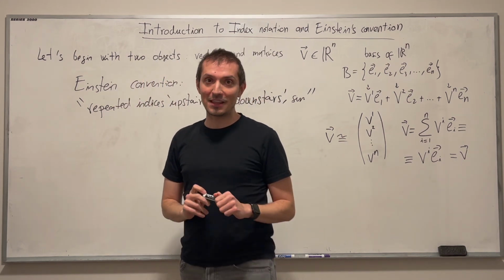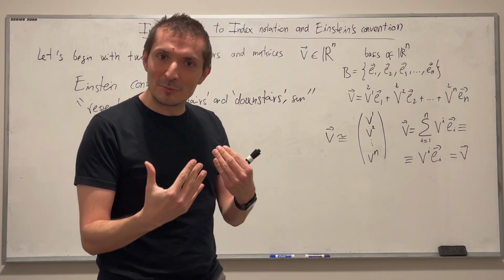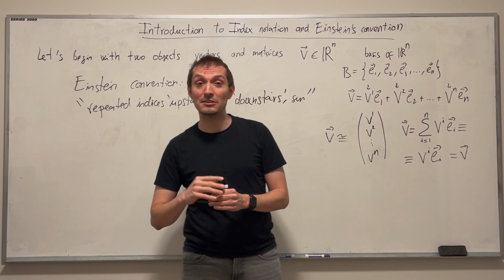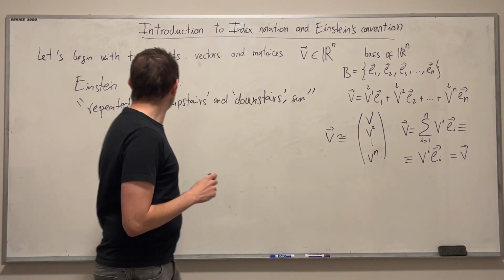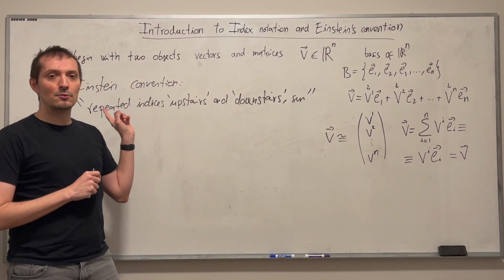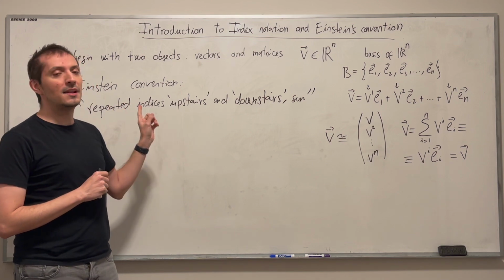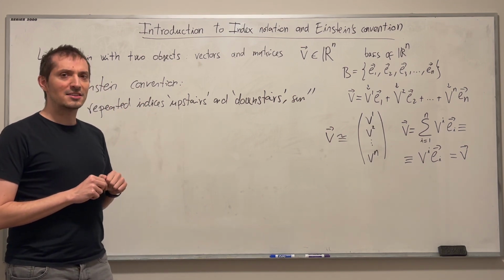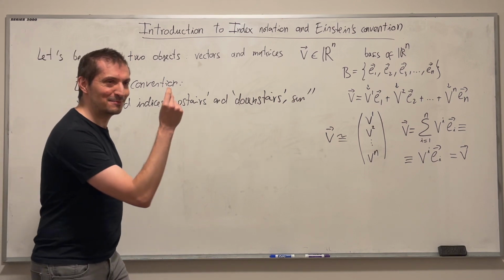There is a reason for that, which we will see much better when we understand the notions of covariance and contravariance. That will be the next video, but for now, let's keep it clear: Einstein convention says that we only sum when we have a repeated index upstairs and downstairs. All right, let's erase the board and go to the next step.